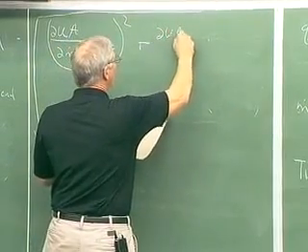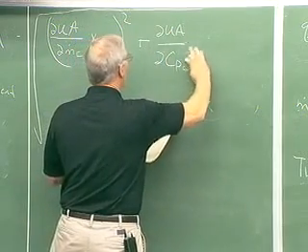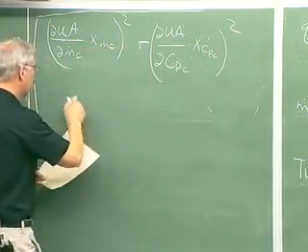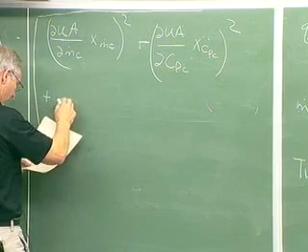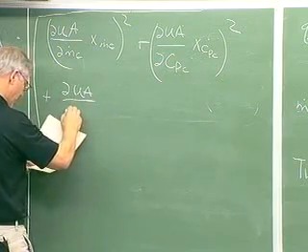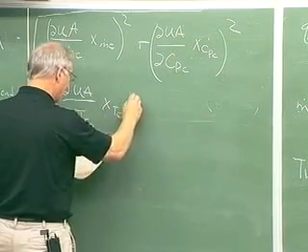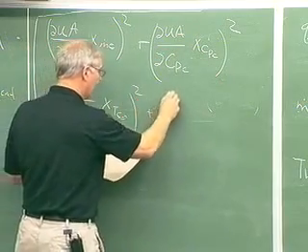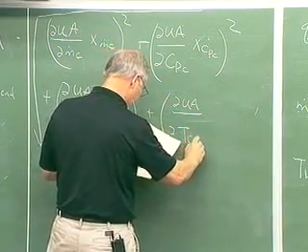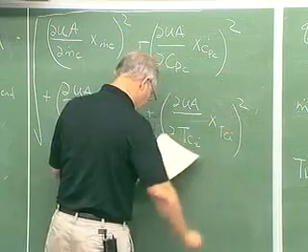The partial of UA with respect to Cpc times the uncertainty in Cpc squared, plus the partial of UA with respect to T cold out times the uncertainty in T cold out squared, plus the partial of UA with respect to T cold in times the uncertainty in T cold in all squared.